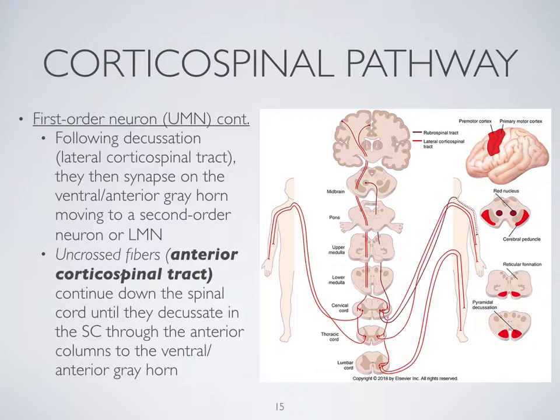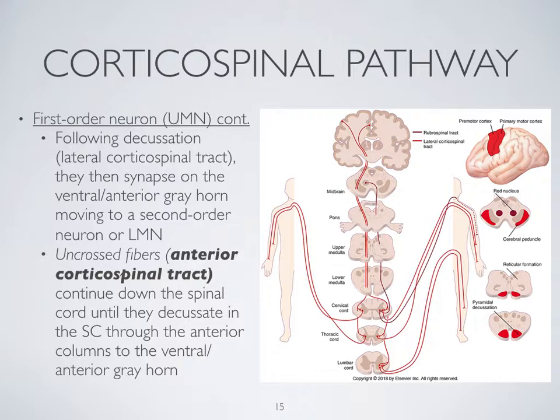Okay, so at that point of decussation in the pyramids, our lateral corticospinal tract then goes to our anterior white column area, and then it jumps into our ventral or anterior gray horn of the contralateral side. So if it started on the right side at the pyramids, it jumps over to the left. Okay, then it synapses on the gray horn, and then it's going to go to our lower motor neuron.